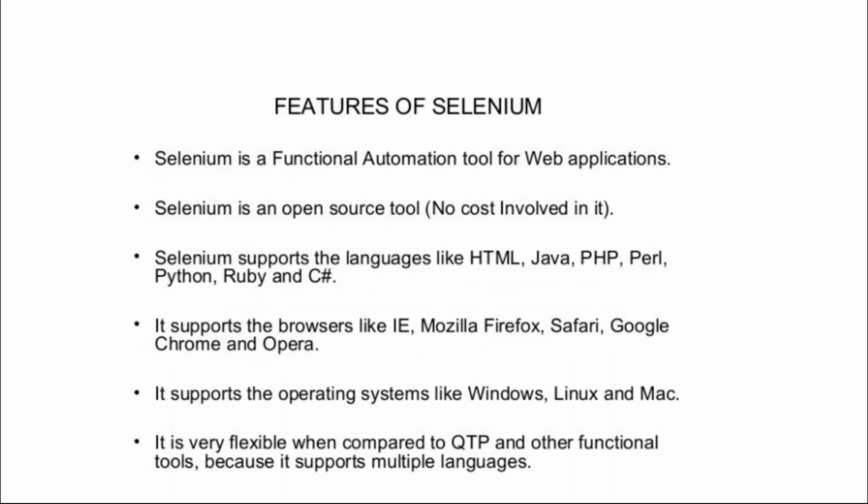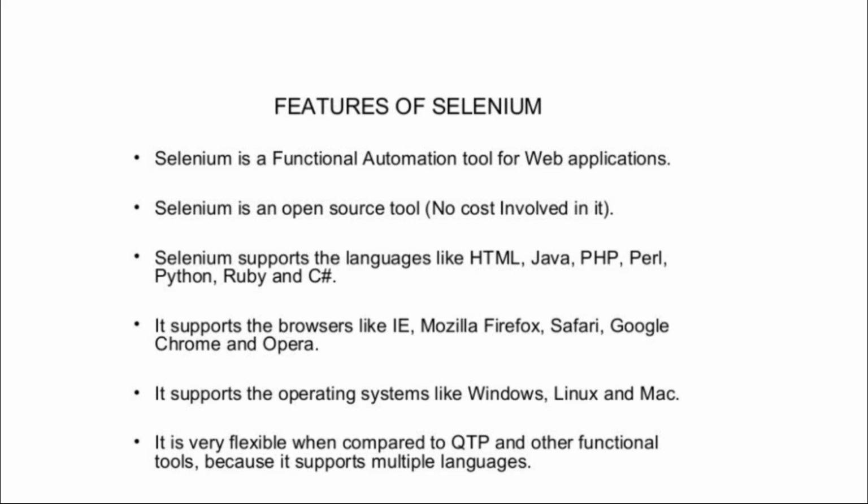And when it comes to automation itself, there are multiple tools. Commercial tools are there from Micro Focus or HP, or there are a number of automation tools, but from an open source perspective, which is widely accepted and used today, I would say more than 60-70% for web applications.